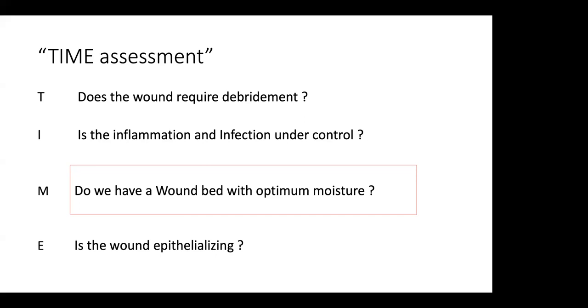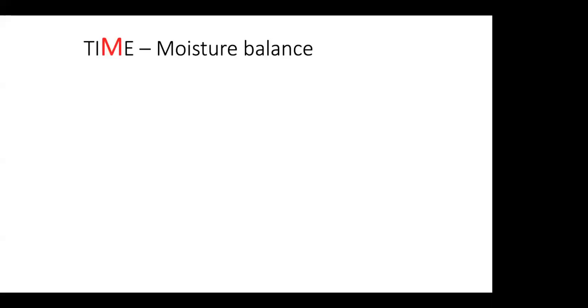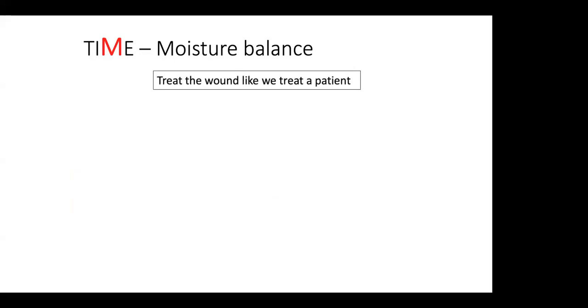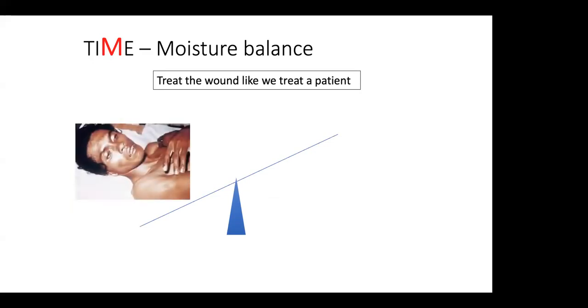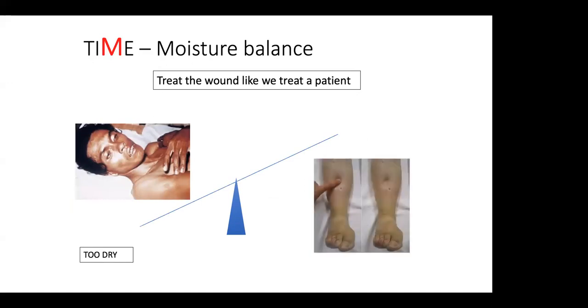Because even if you have good quality tissue and there's no infection, unless the wound has optimum moisture, the wound cannot heal. It's like a patient, just like us, on a very hot, dry day, you don't feel good, you feel very dry and tired. At the same time, if it's too moist, like a patient with heart failure, fluid overloaded, bloated, again, it's not good.